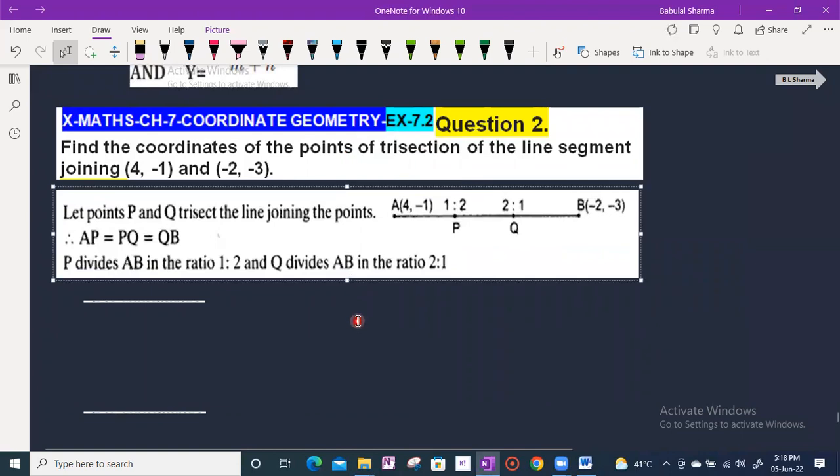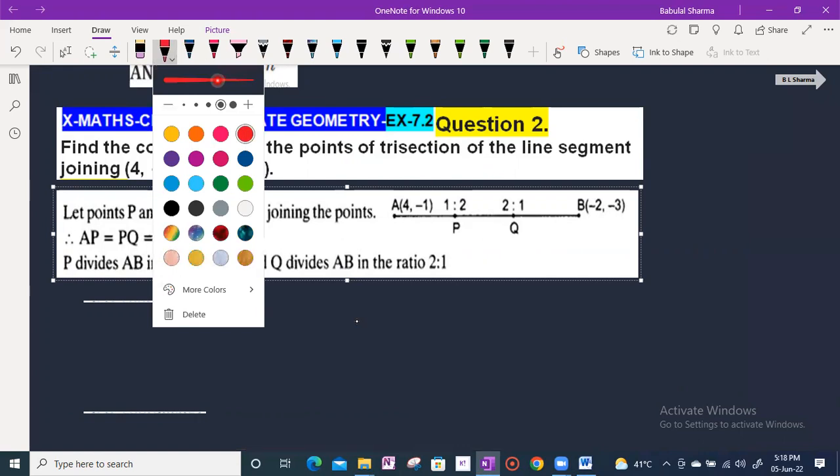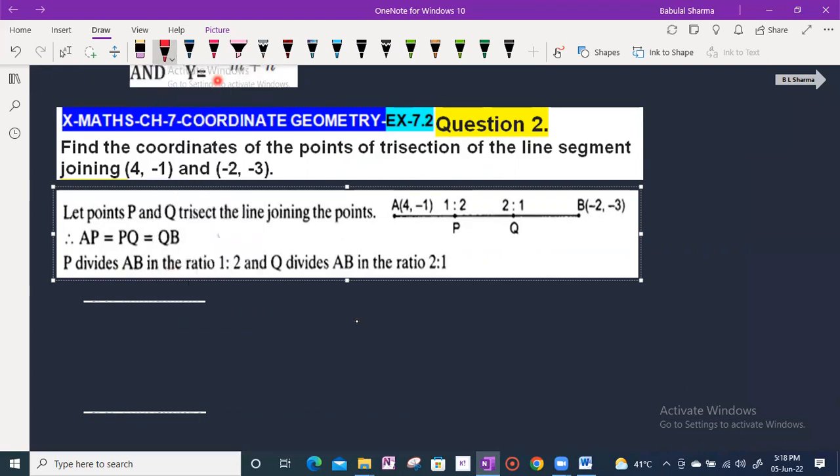So let the 2 points be A and B, and this is line segment AB, with coordinates of A (4, -1) and coordinates of point B (-2, -3).